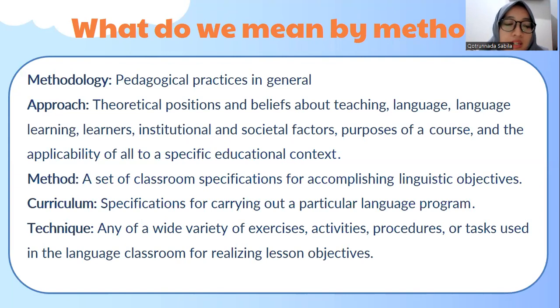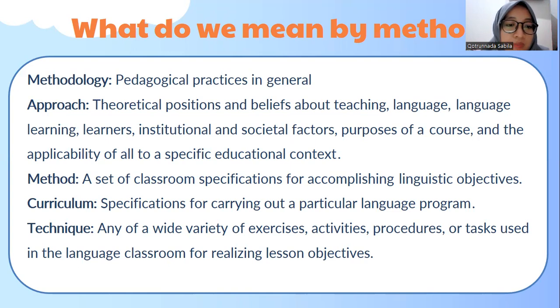And then method. This is a set of classroom specifications for accomplishing linguistic objectives, and methods tend to identify the teacher and student's roles, linguistic and subject matter objectives, sequencing, and materials. And then the curriculum, this is specifications for carrying out a particular language program.